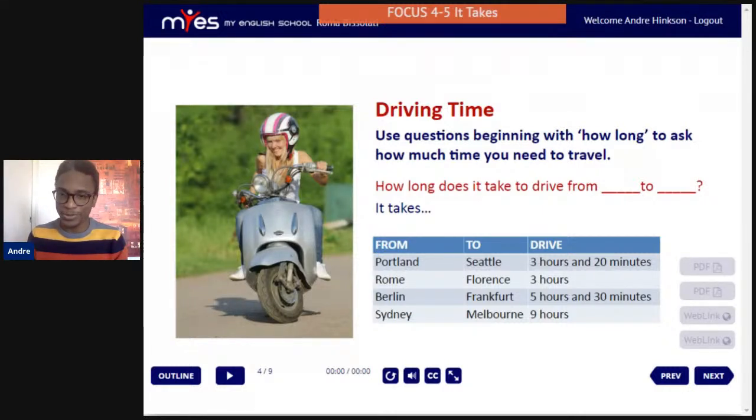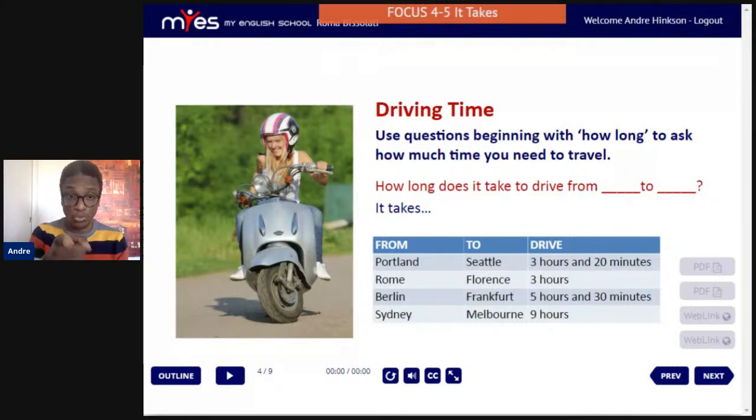Oh, Raffaele, so you use 3 eggs to make an omelette. So it takes 3 eggs to make an omelette. Cool. Very good. So let's continue. So let's look at these different cities and let's find out how long it takes to travel from one city to another. So we've got from, we've got Portland, Rome, Berlin, and Sydney.